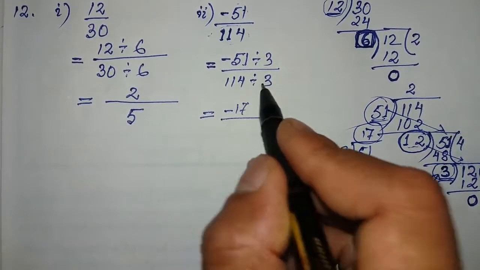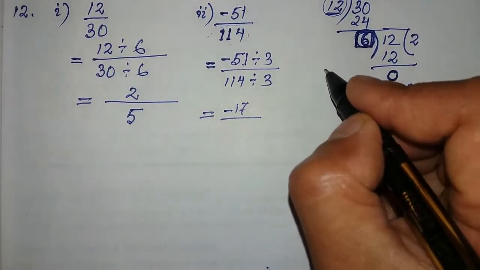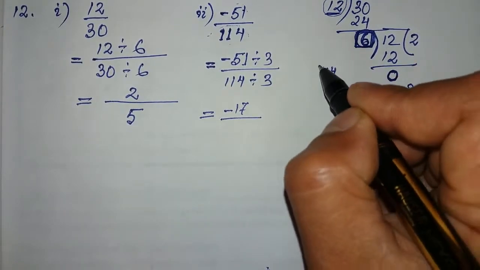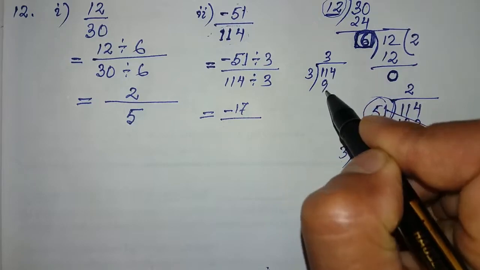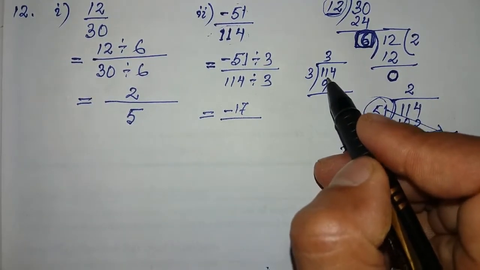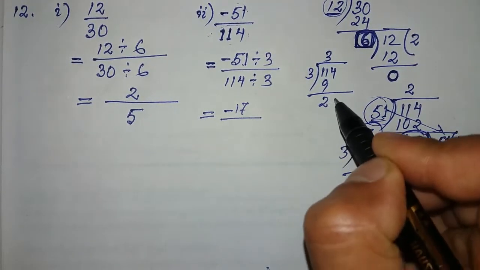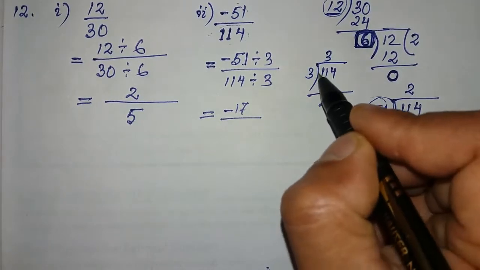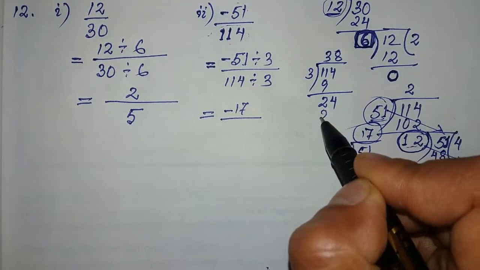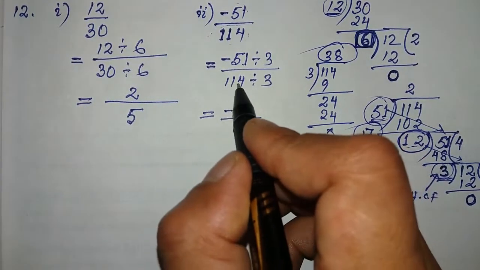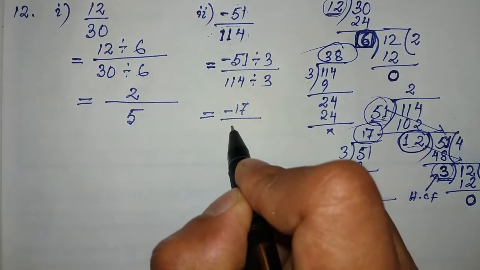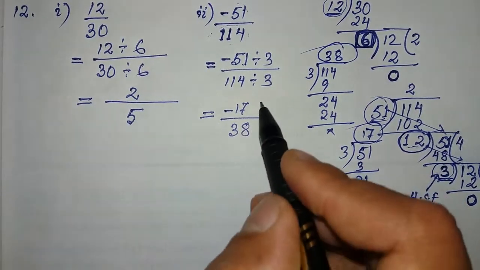And then 114 divided by 3. Now 3 3s are 9. Now 11 minus 9 is 2. Now take down 4. Now 3 8s are 24. So 114 divided by 3 is 38. Now this is the standard form.